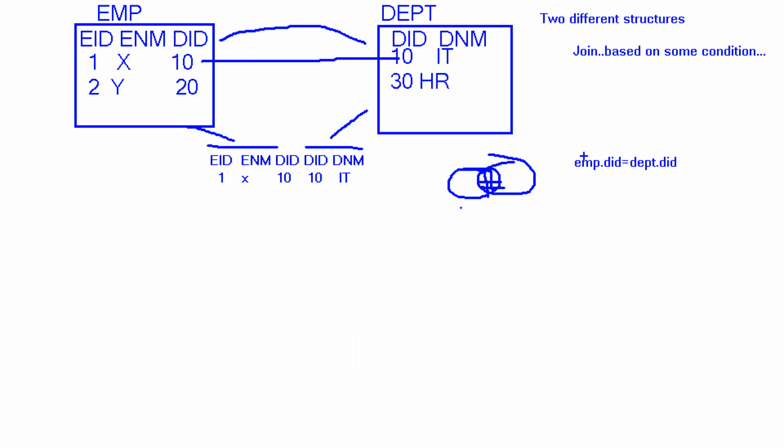Not employee ID. Employee table department ID, department table department ID. When these two match, I want both the columns' data. So 1, X, 10 from the first table, 10, IT from the second table based on the match. What is the greatness here?